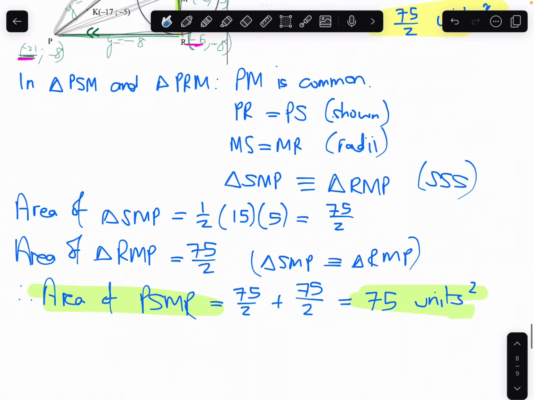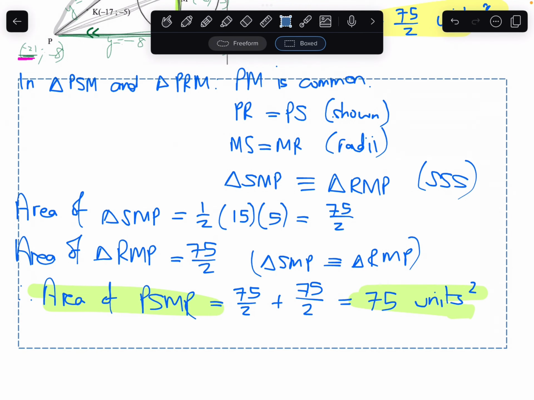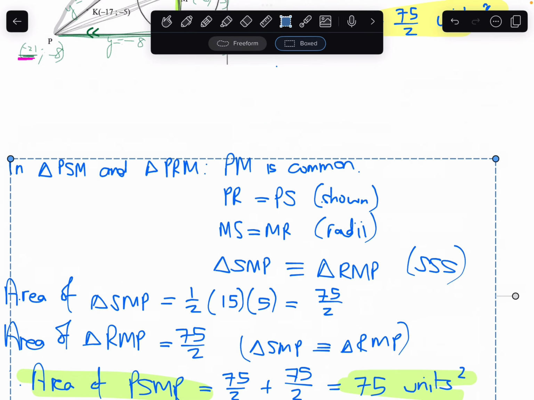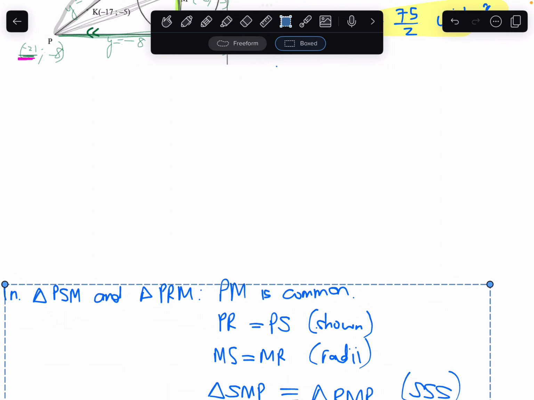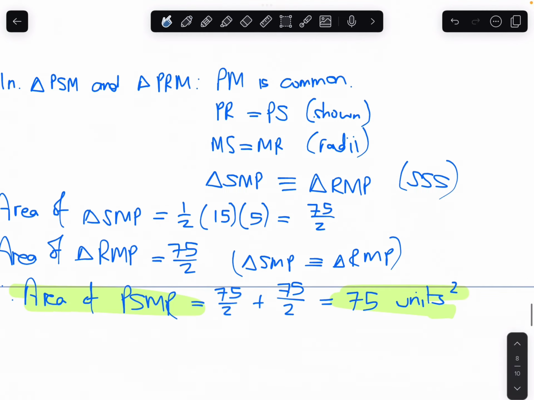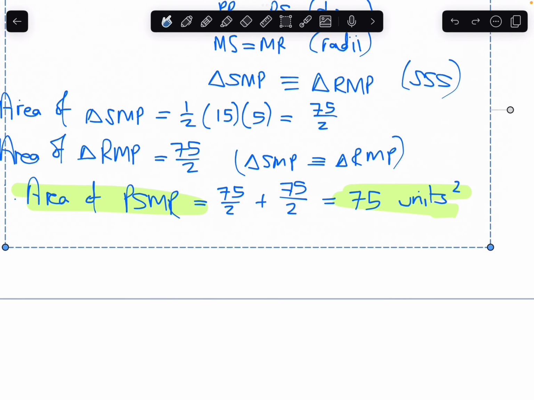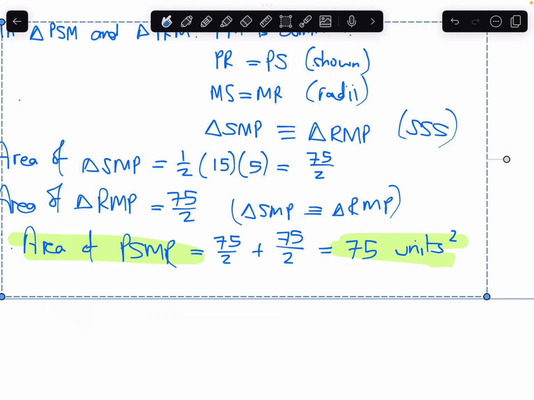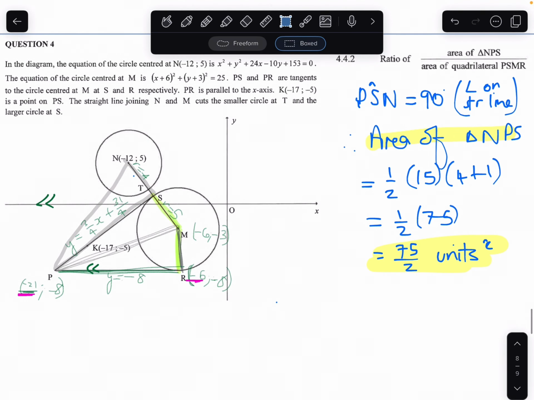Let me move some things down. Okay, right, and then remove this one.